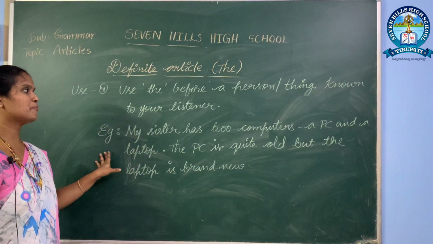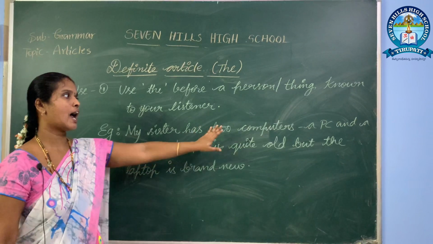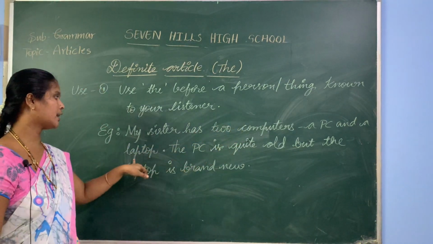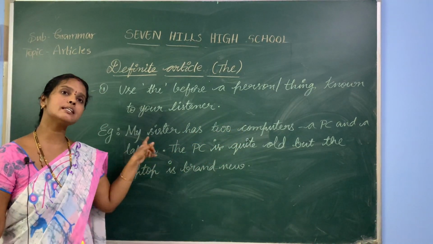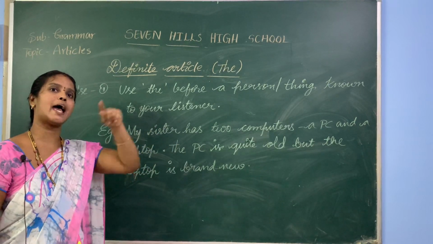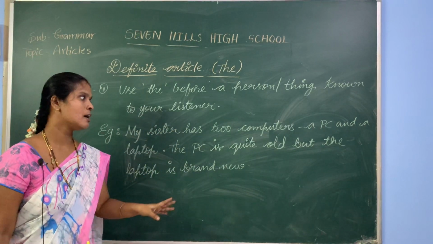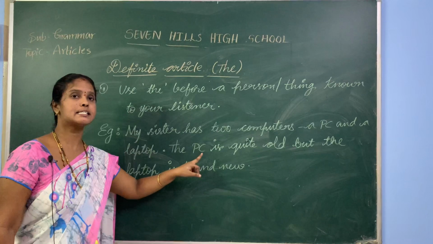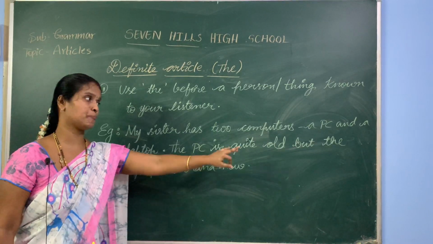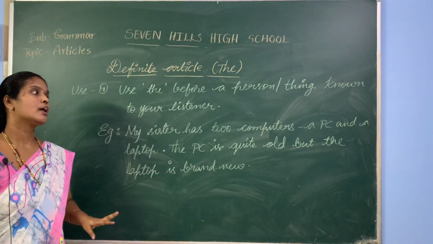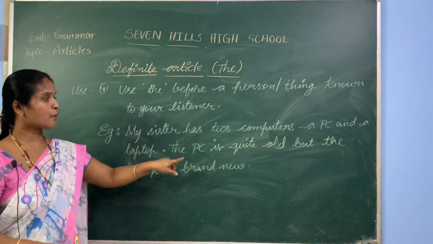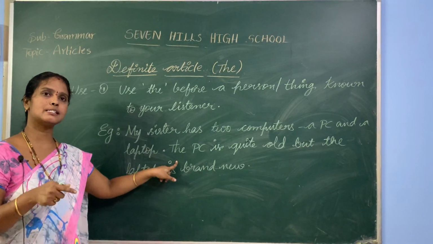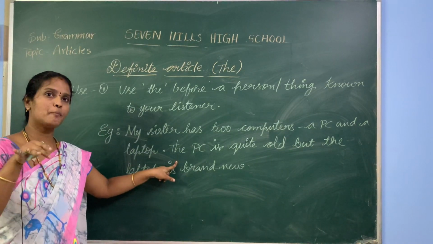See, in this example, in the first sentence, I used a PC and a laptop. Why? Because these things are unknown to you till I say this point, right? But in the second sentence, I used the PC and the laptop. This is because now you can understand what PC and what laptop I am referring to.